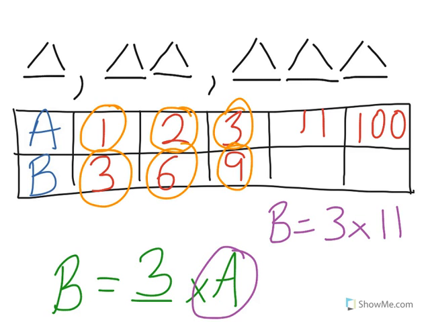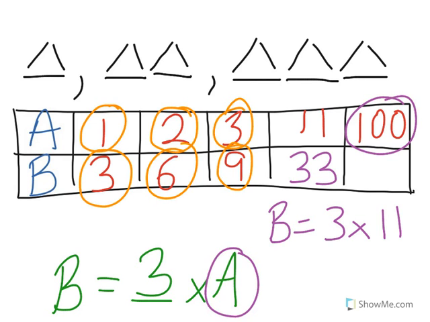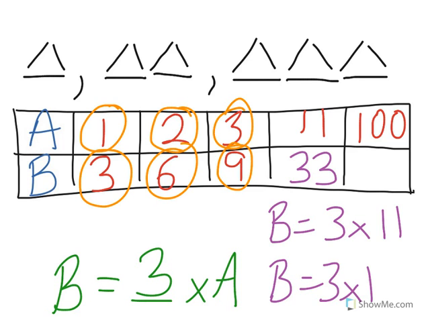So I replace this A with this 11, just like I did previously. And that is 33, so I put 33 in there. And if I have a big number, it's no different. I replace the A with 100, just like I did 11. So B equals 3 times 100, and I get 300.